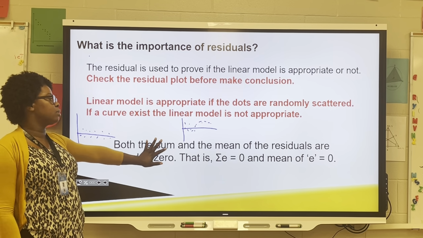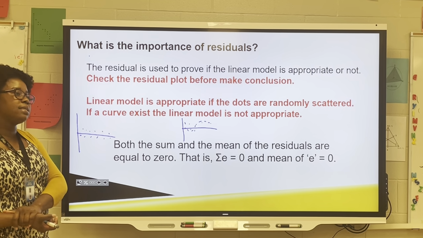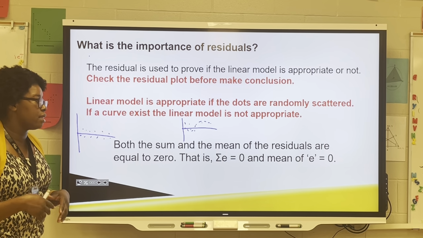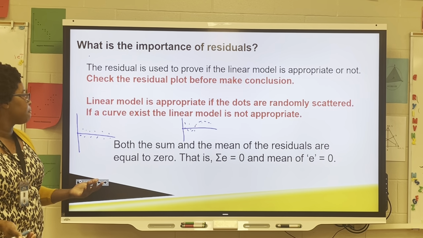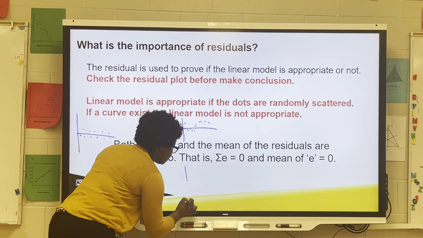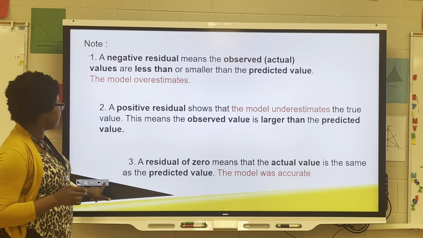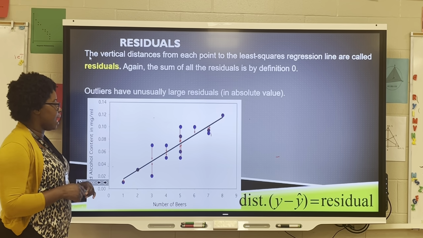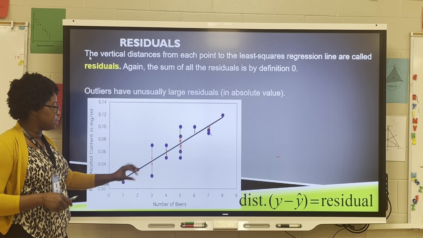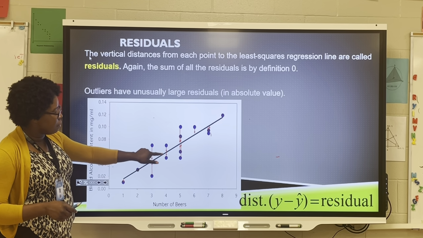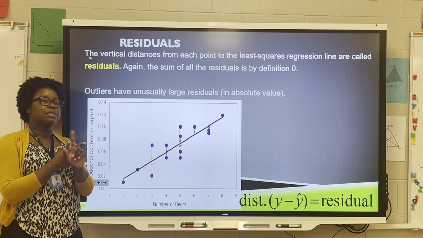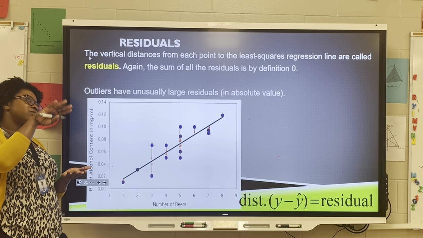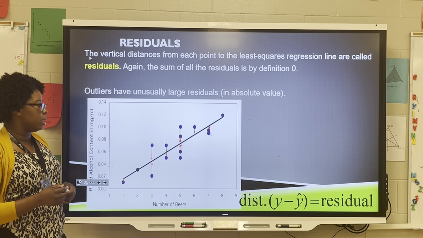All right, when it comes down to the residual, you realize that the sum, meaning adding up all values, and the mean is equal to 0. Because if you look at what an actual graph looks like, you realize that at one point, all of these errors the model made will eventually cancel out each other, which makes it a straight line, which is also equal to 0.